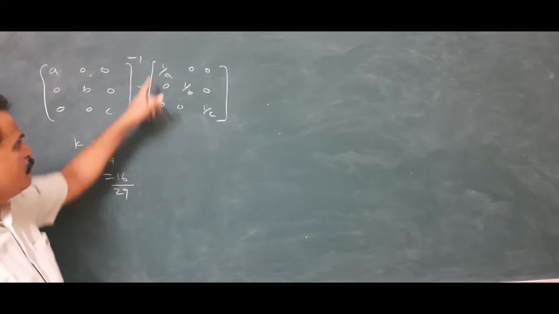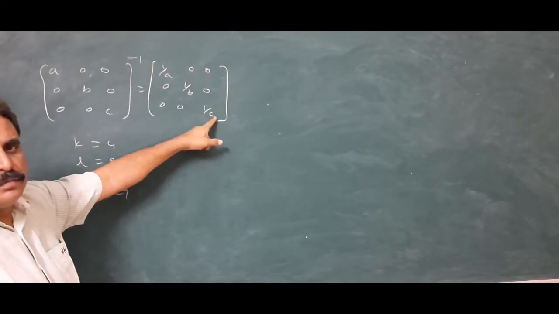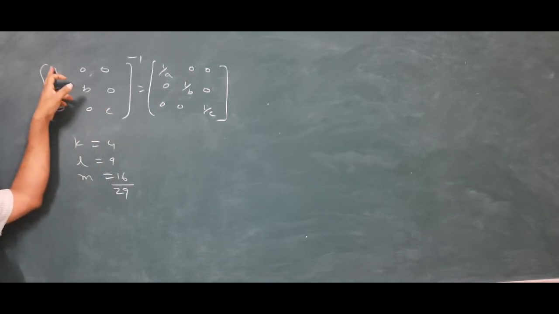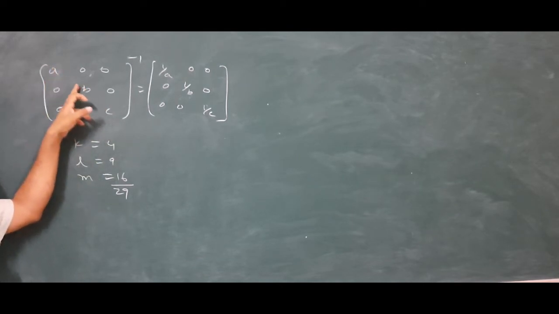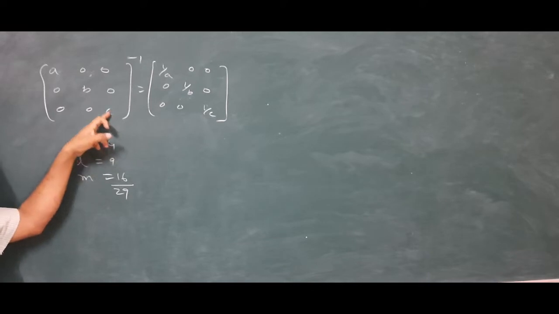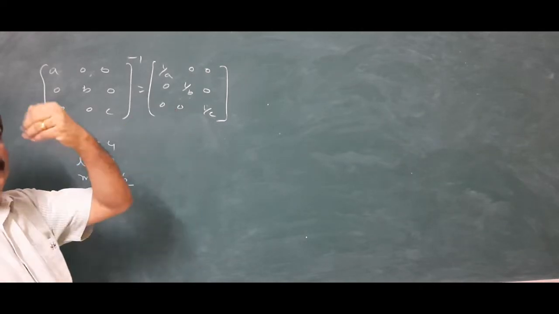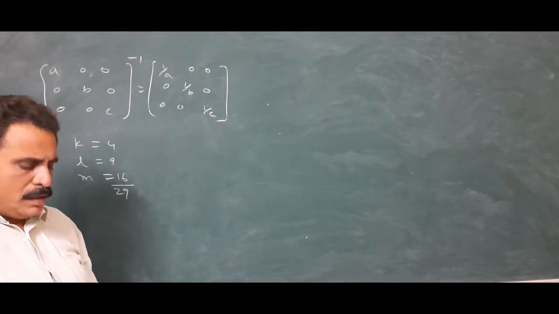Here, 1 by 2, 1 by 3, 1 by 4 is given. That means the matrix is 2, 3, 4. So, K by 2 equal to 2, L by 3 equal to 3, M by 4 equal to 4. Equating that, simple. If you know this formula, directly you can use the formula. Okay, next.